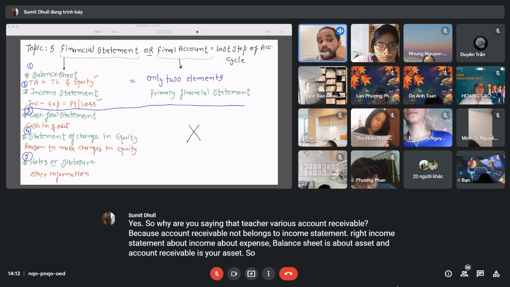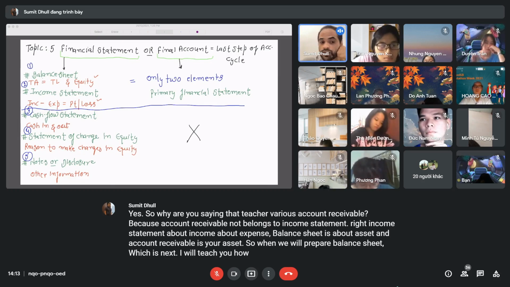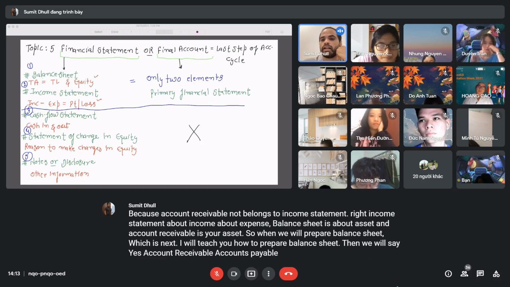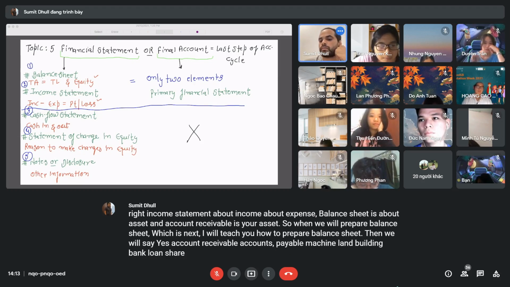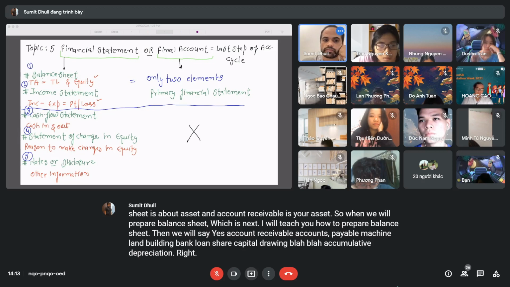So when we prepare balance sheet, which is next, I will teach you how to prepare balance sheet. Then we will say yes, account receivable, accounts payable, machine, land, building, bank loan, share capital, drawing, and so on, accumulated depreciation, right? All these things.